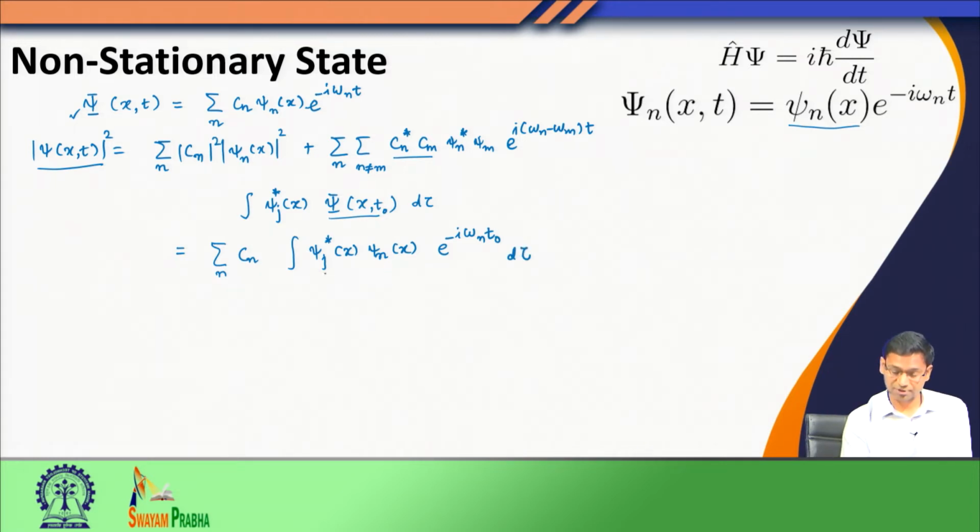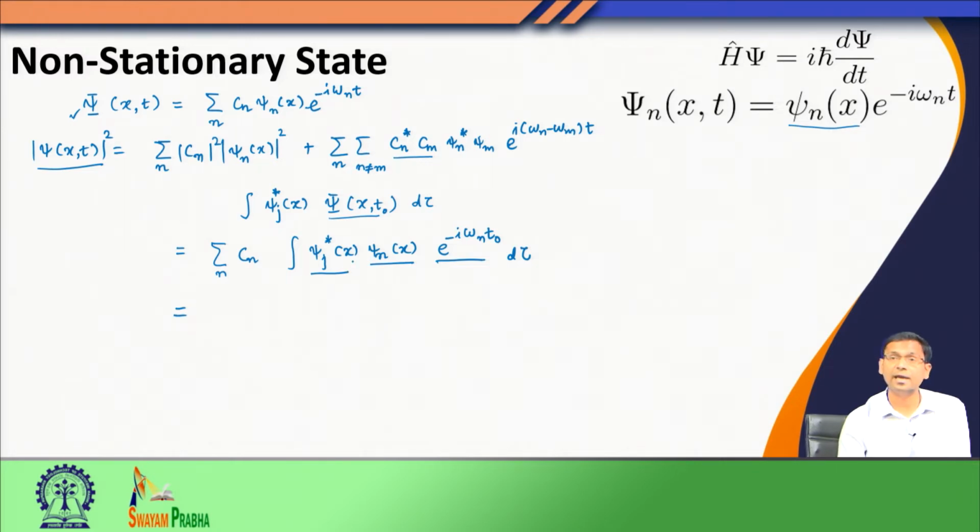Now, look at this function. What I have is psi j star multiplied by psi n, which I am integrating, and I have this time factor, e to the power minus i omega n t 0, where t 0 is my initial time. When I look at this integral, I see that it is actually an overlap integral between two eigenfunctions of the same Hermitian operator.